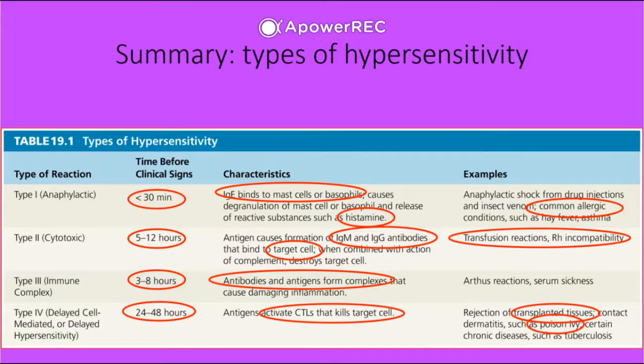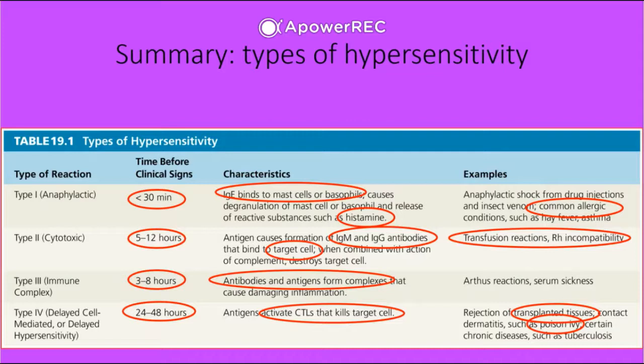We have type 1, which is an anaphylactic reaction, type 2, which is cytotoxic, type 3, which is an immune complex, and type 4, which is a delayed cell-mediated or delayed hypersensitivity. I circled in red basically the important things to recall for the exam here.